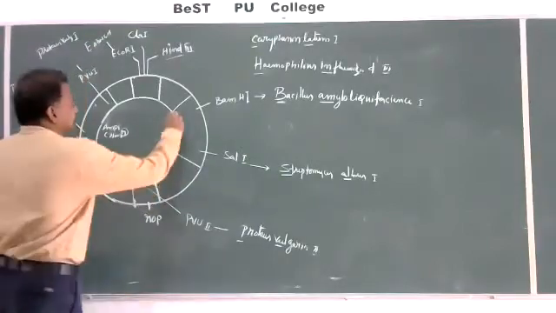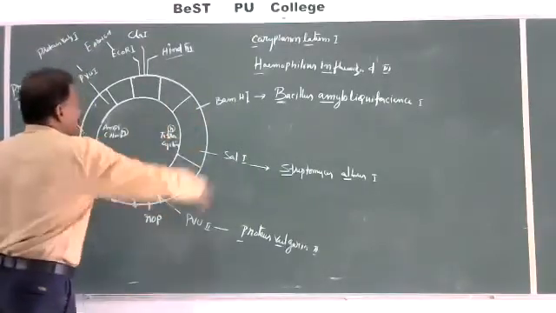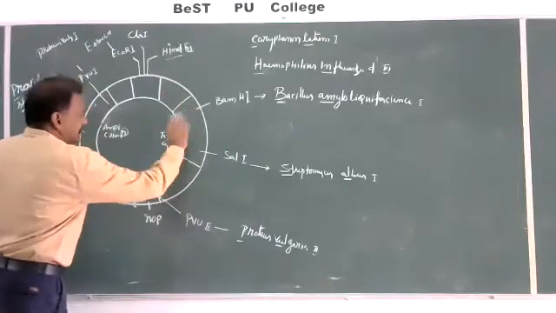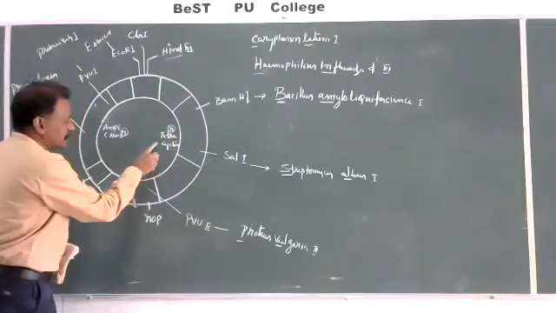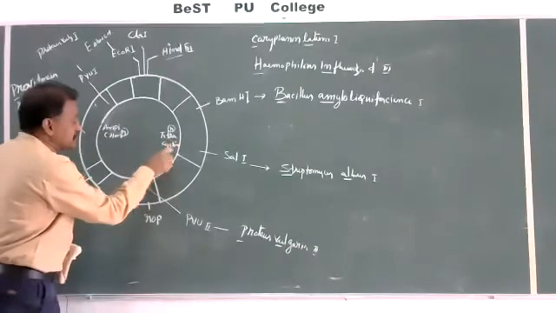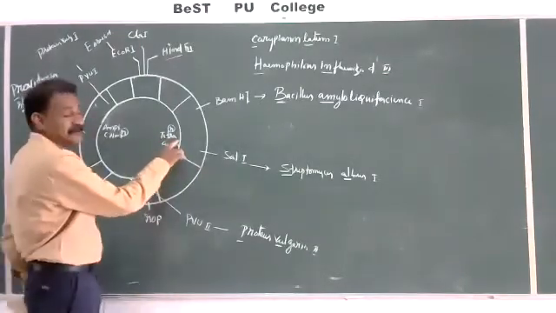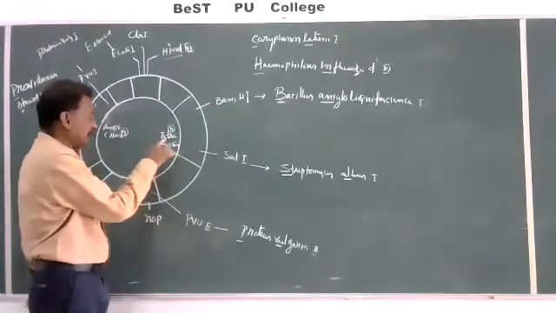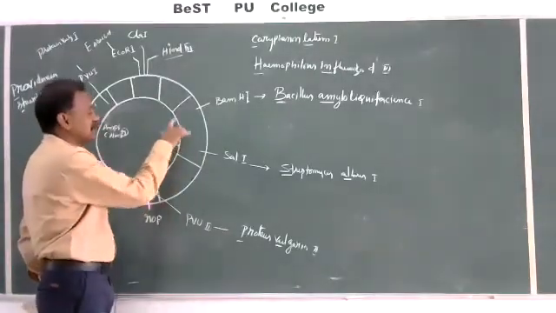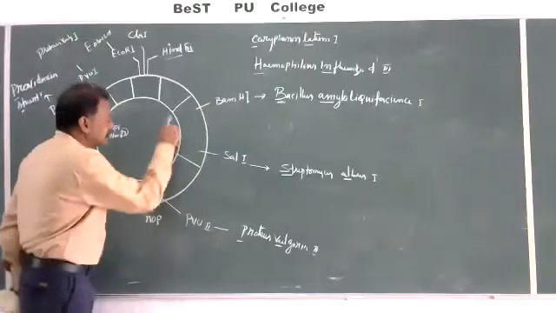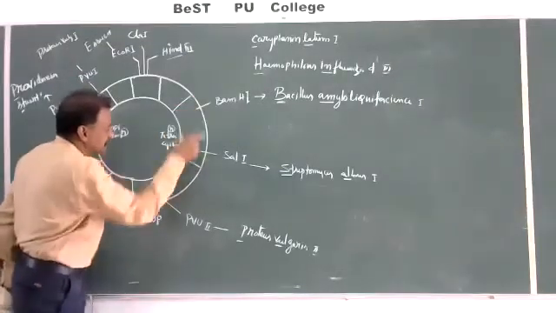Here is an area having some sequences in which the tetracycline resistant gene is present. This tetracycline resistant gene is placed from here to here.